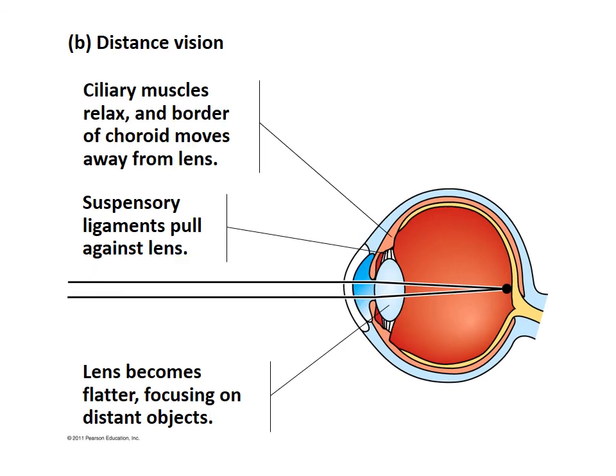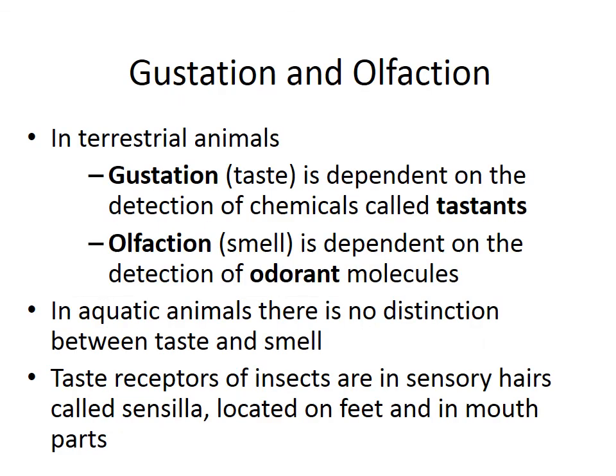But distance vision occurs when these muscles are relaxing and the ligaments pull the lens, so the lens becomes flatter, and the rays of light coming from the image are able to focus on distant objects.